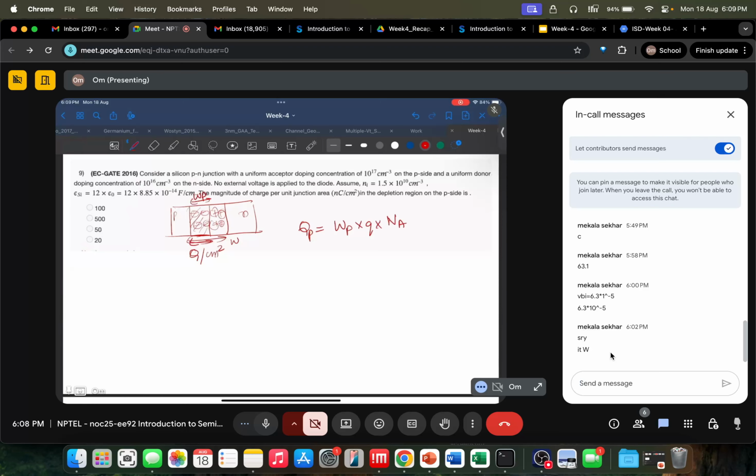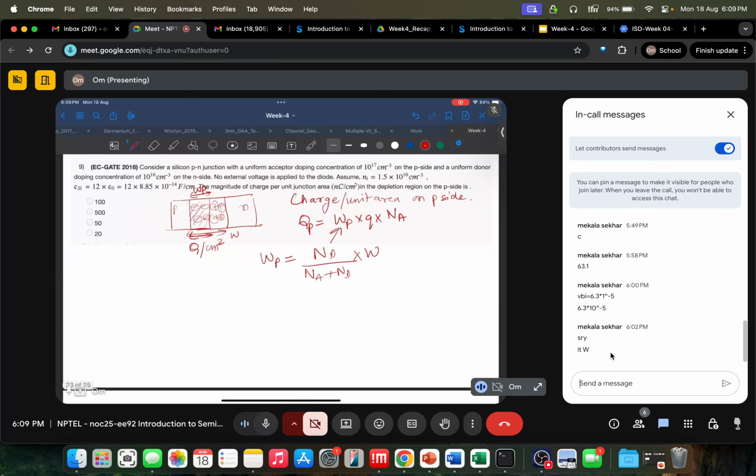This would be the charge per unit area on the P side. Now to find this, we need to find WP. So WP will be just ND upon NA plus ND into W. This is the P side depletion width WP or XP.